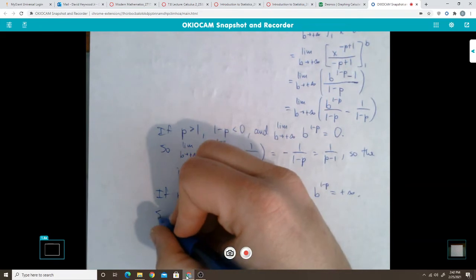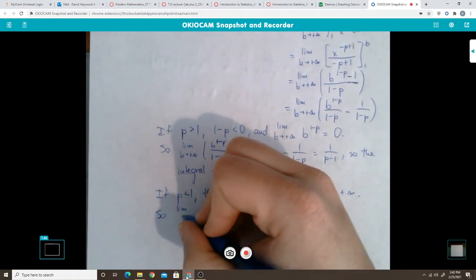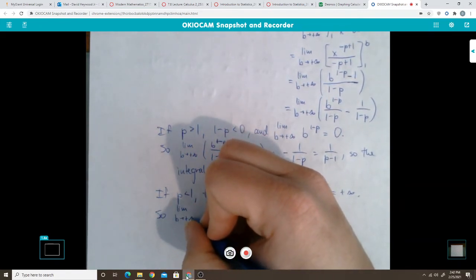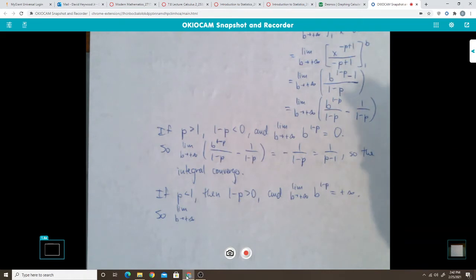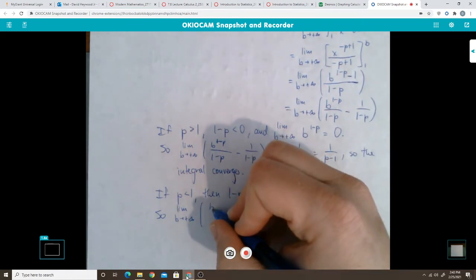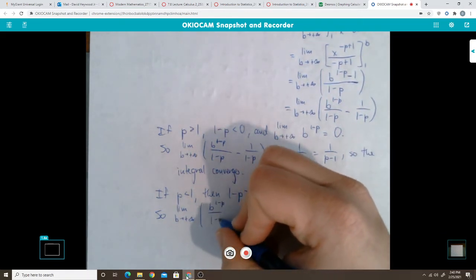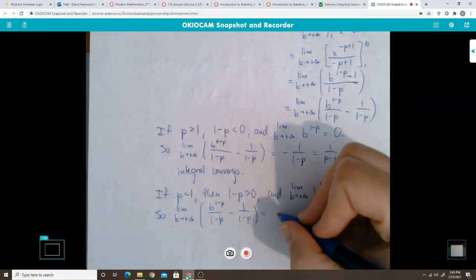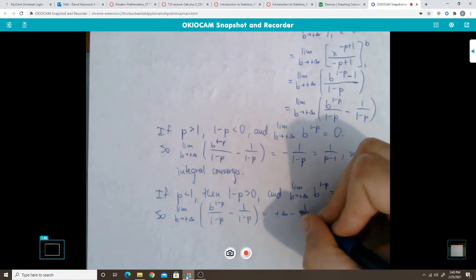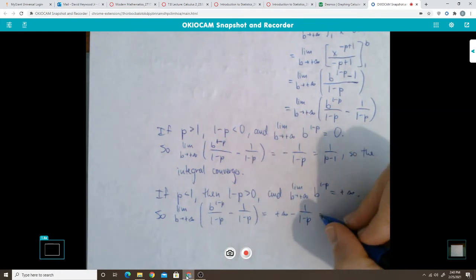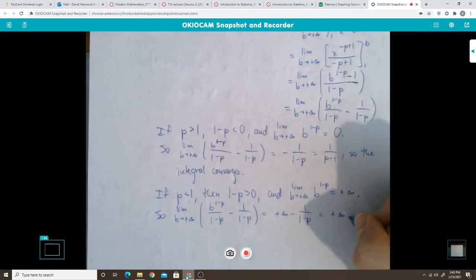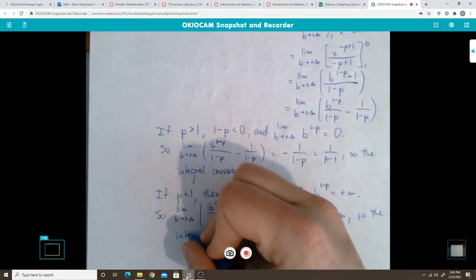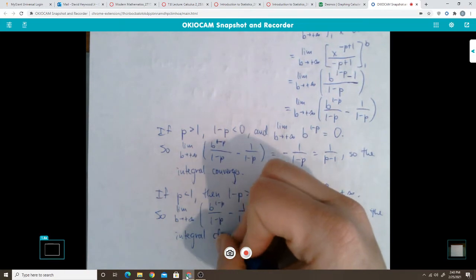So the limit of b to the 1 minus p over 1 minus p minus 1 over 1 minus p is going to equal positive infinity minus 1 over 1 minus p, which is just going to be positive infinity. So the integral diverges.